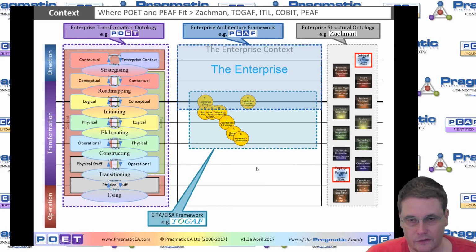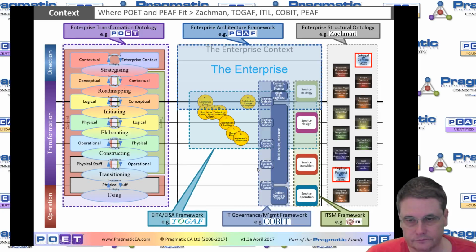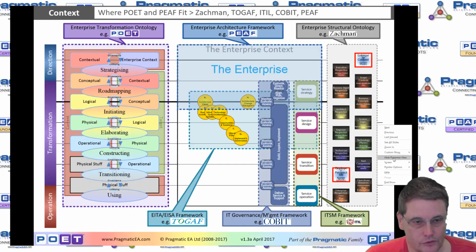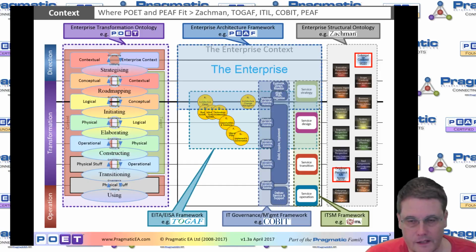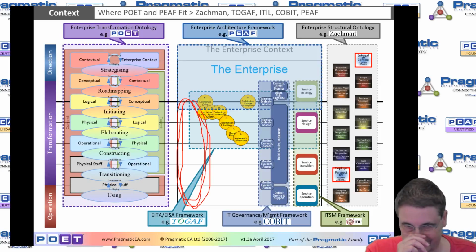So Agile, you should be able to see my cursor. Let me draw on it. So Agile kind of fits into this world. That's where it fits. That's where I would map it.